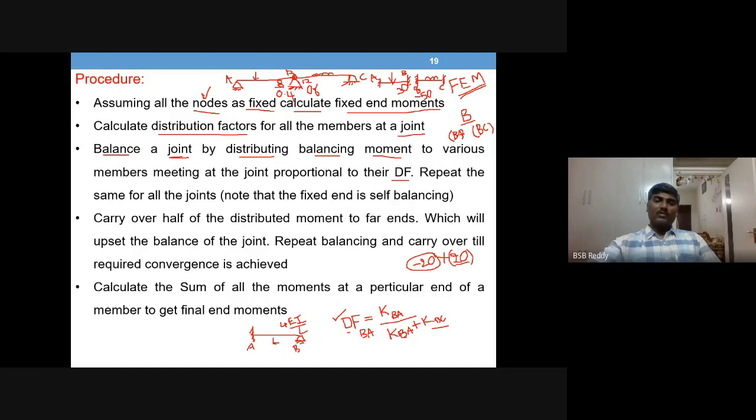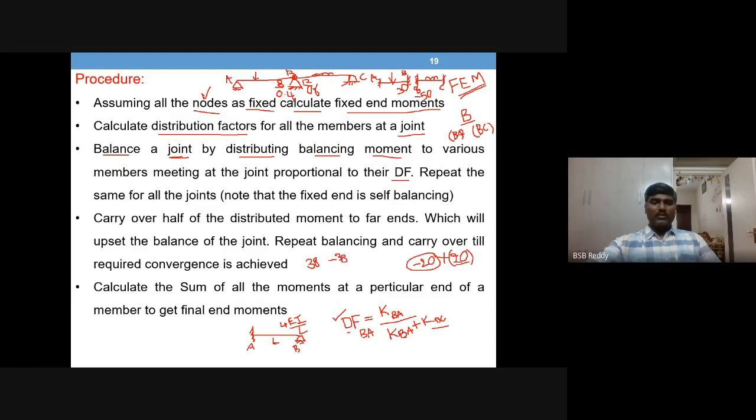This is how you apply the moments so that the joint will be balanced. Now you see 30 plus 8, how much? 38. Minus 50 plus 12, how much? Minus 38.